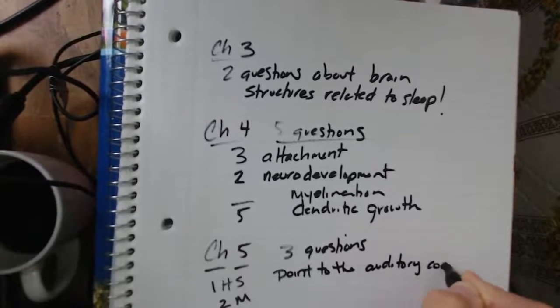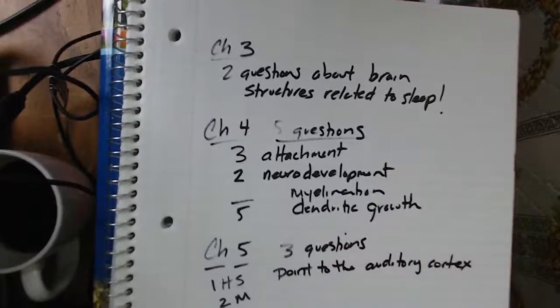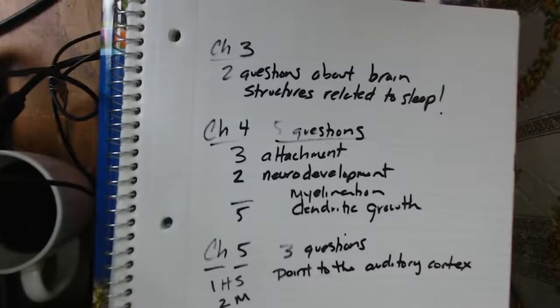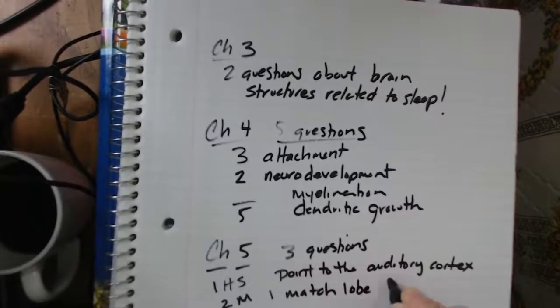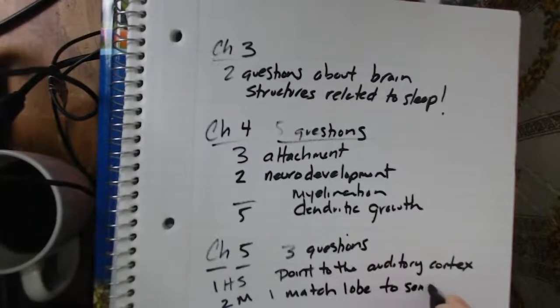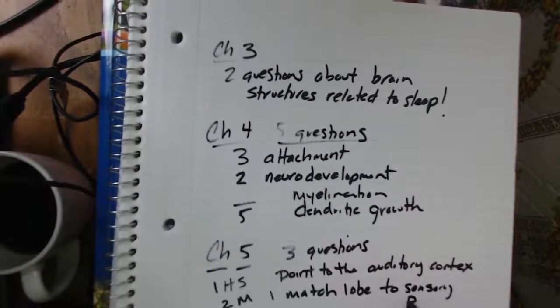I'm going to go ahead and just tell you, okay? I want you to know where the auditory cortex is. I'll show you a picture of the brain. With the other 2 matching, okay, match. 1 question is match lobe to sensory process.